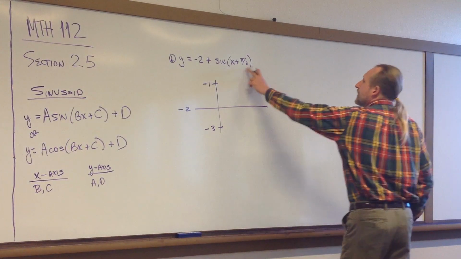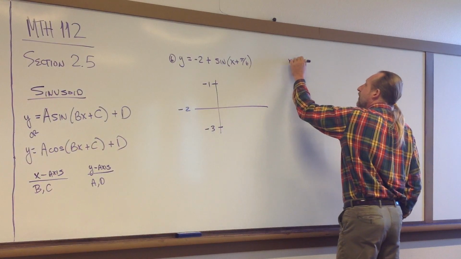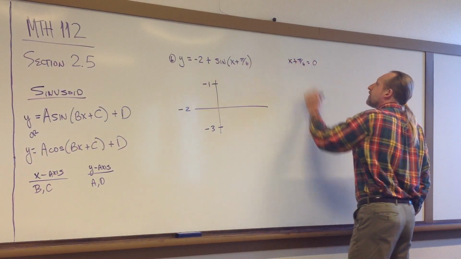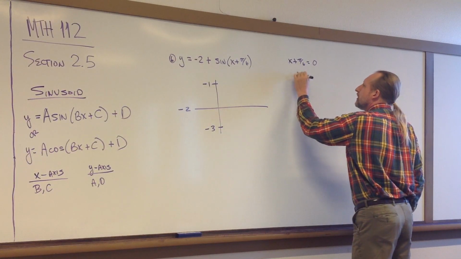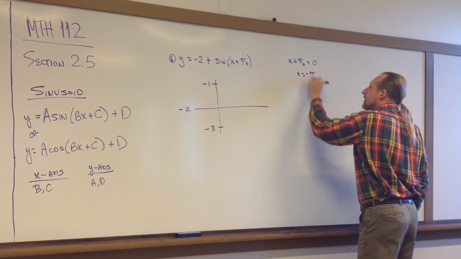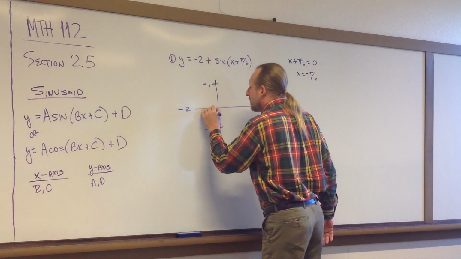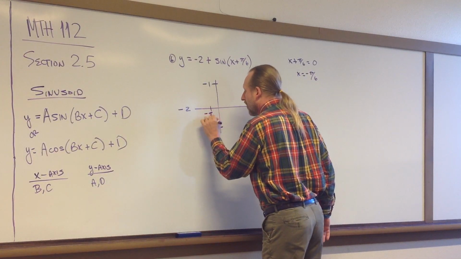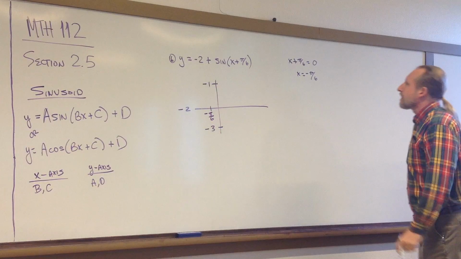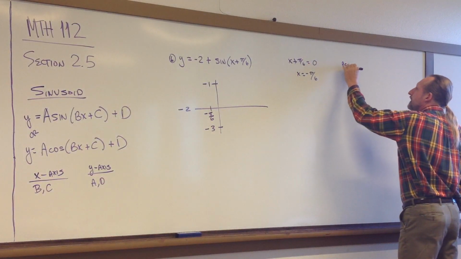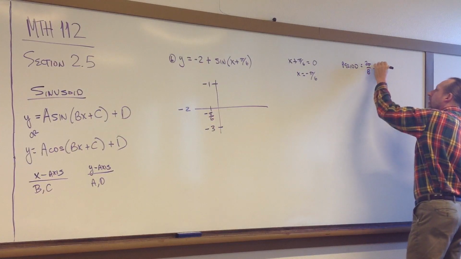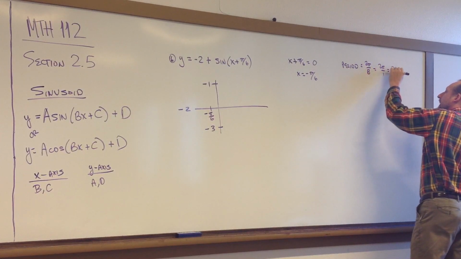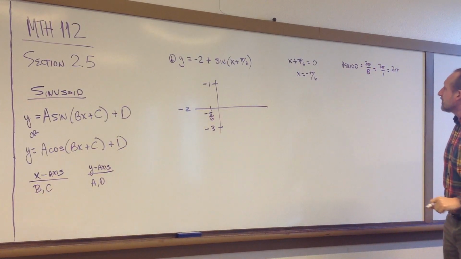All right, our phase shift, our new starting point: we set that equal to 0 because that's where the normal starting point is. That says our new starting point is going to be -pi/6. And there it is. Now the period, again, b is equal to 1, so our period is again going to be 2pi.